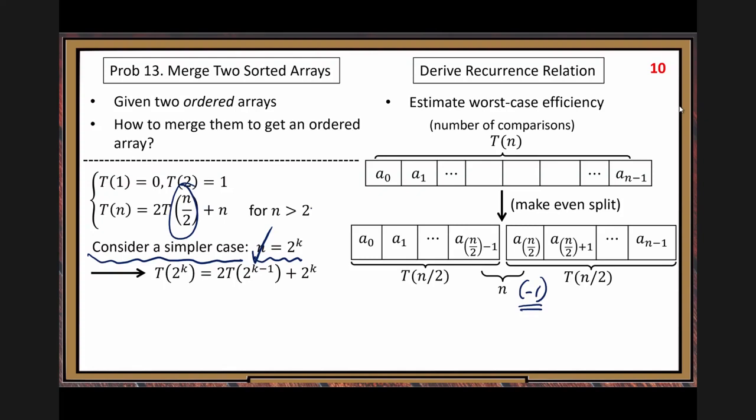We can make use of the power of 2 structure. How to take advantage of the power of 2 structure? So that's one useful piece of information. Another useful piece of information.